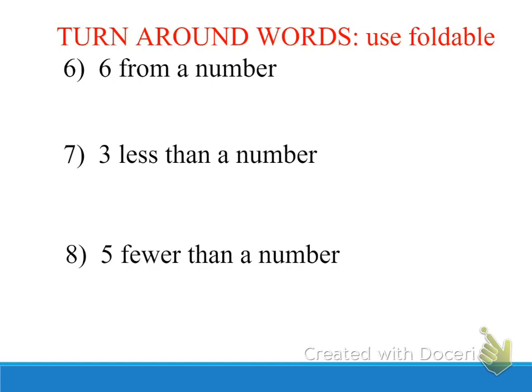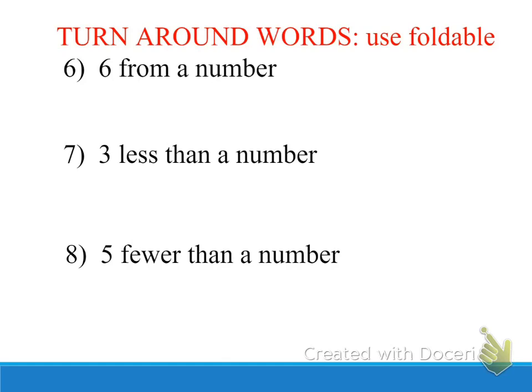The second one is fewer than, and less than. Okay. All three of those words mean the same operation. Anybody know what it is? It's subtraction, right? So subtraction is the operation because it doesn't matter what order we multiply in, and it doesn't matter what order we add in, but it does matter what order we subtract in. So these are what we call turnaround words, telling us to flip-flop the order.